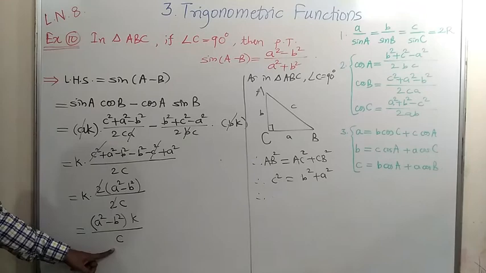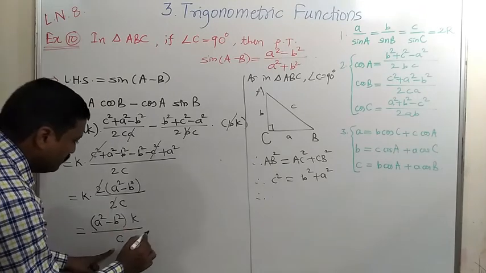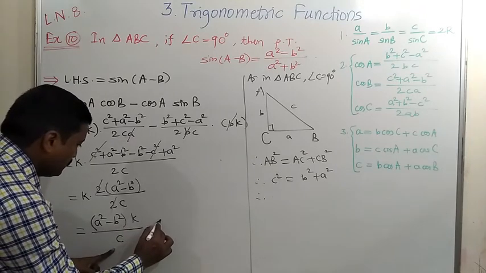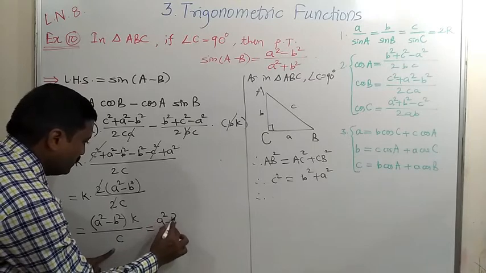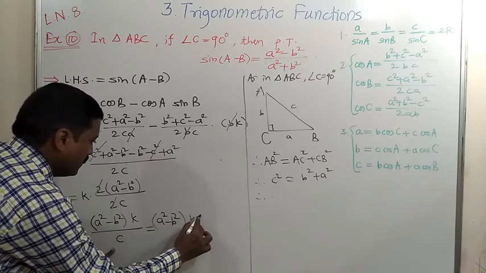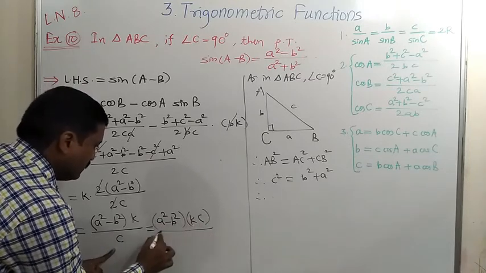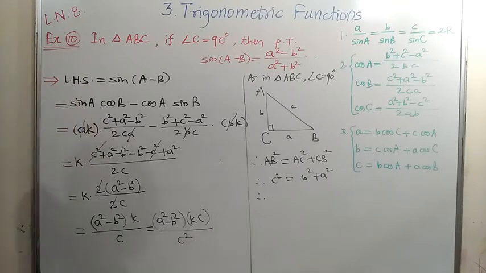So here is C, so multiply both numerator and denominator by C, we get A square minus B square into KC upon C square.